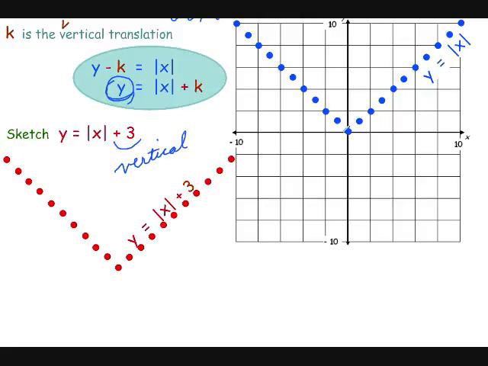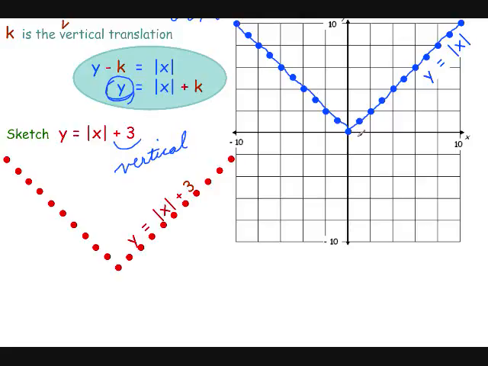Over here I have the parent graph of an absolute value function. Remember, the parent graph is the simplest possible function associated with absolute value.